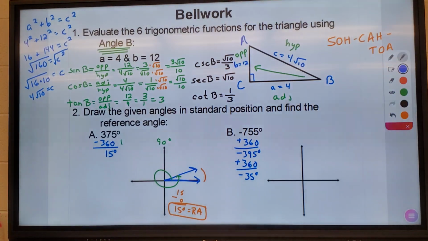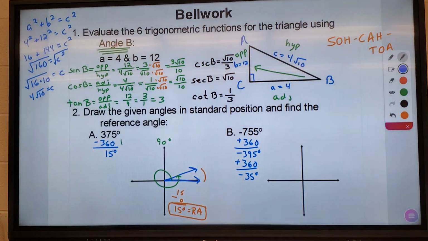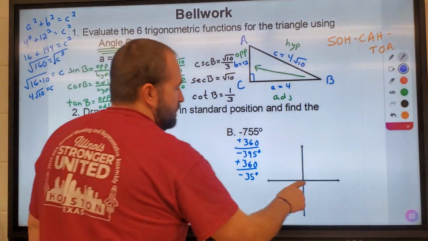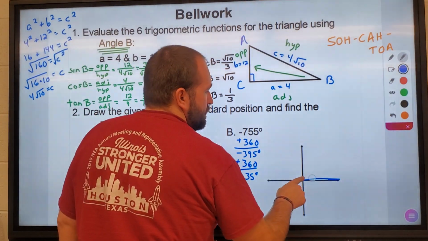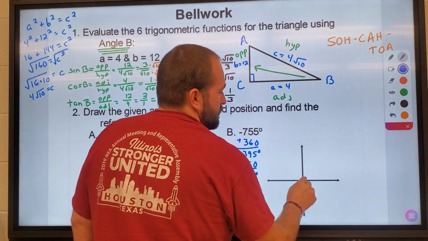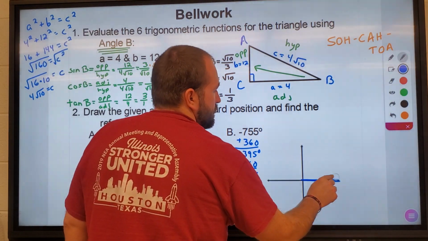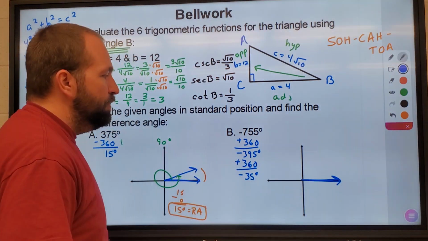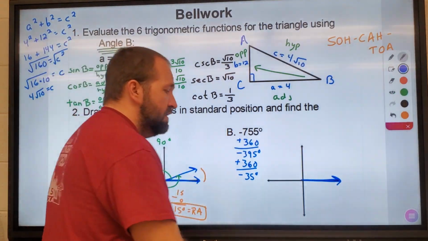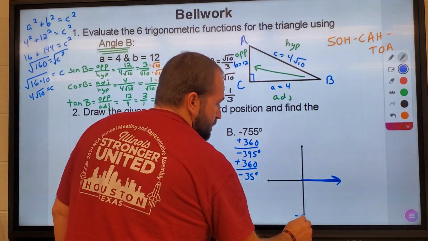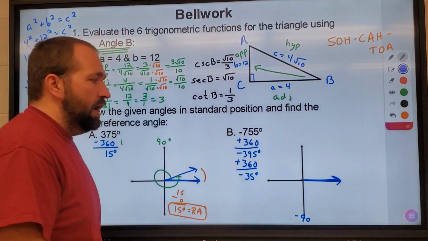Okay, again, now that we're between 0 and 359 degrees, I can go ahead and plot. So that means I have my positive initial side. Okay, and I'm going to go down 35 degrees because this is negative. So now my rotation is clockwise.